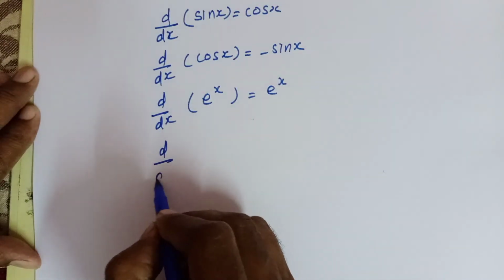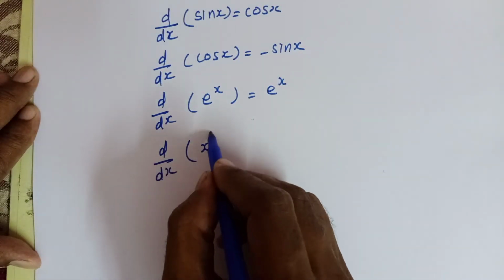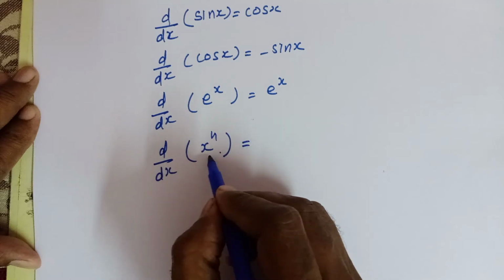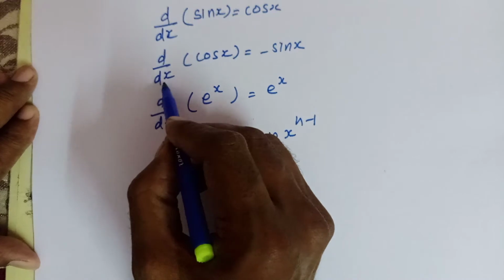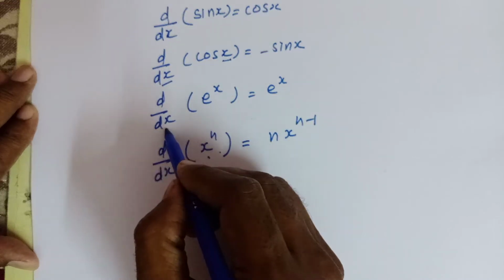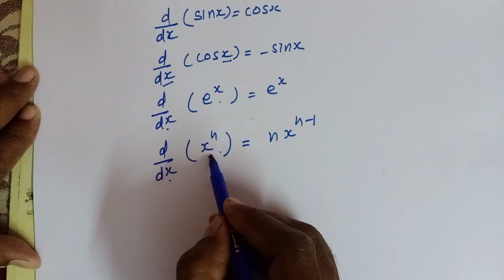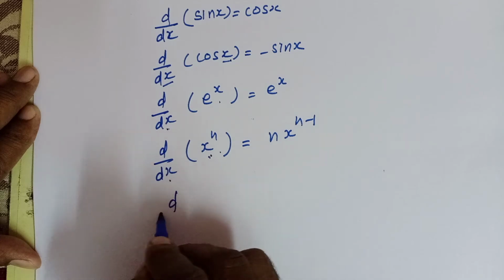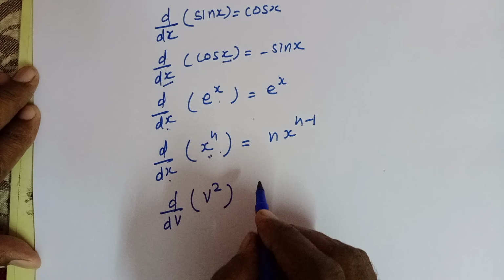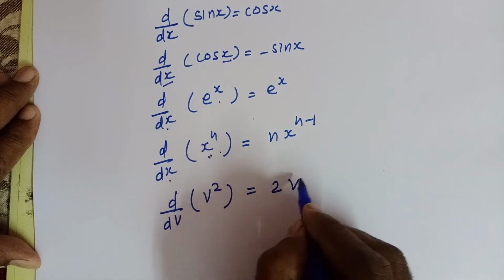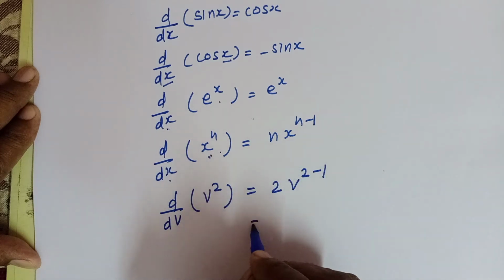And d by dx of x to the power n, this is actually the first formula, n x to the power n minus 1. Remember, if it is x, it must be x. If it is t, it must be t. For example, d by dv, and if it is v square, what will it become? 2v to the power 2 minus 1, it will become 2v.